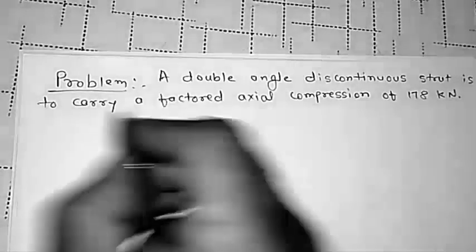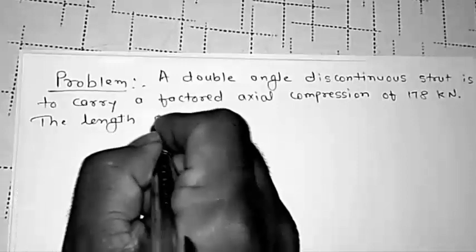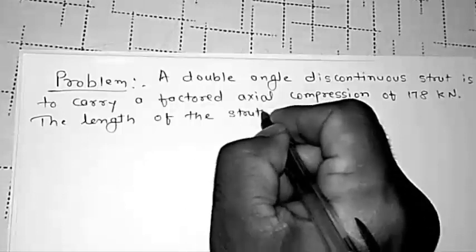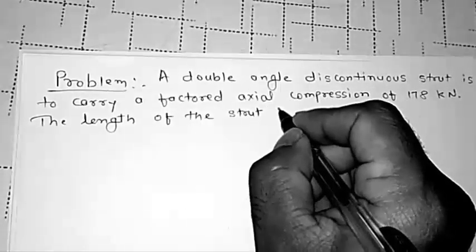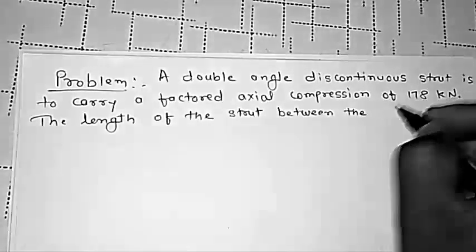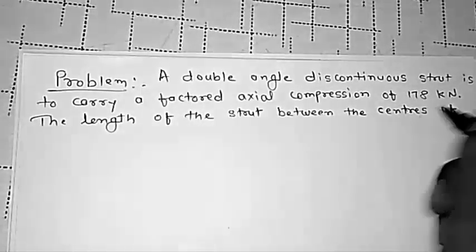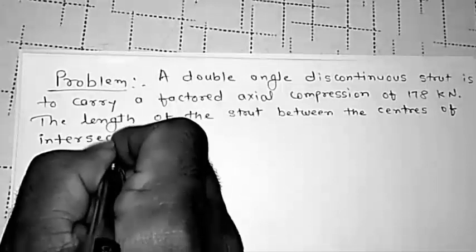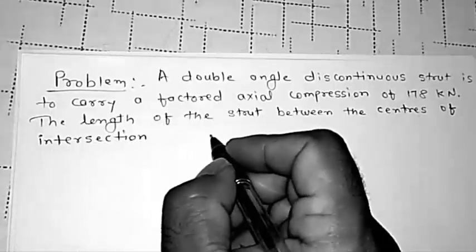The length of the strut between the centers of intersection is 3.08 meter.